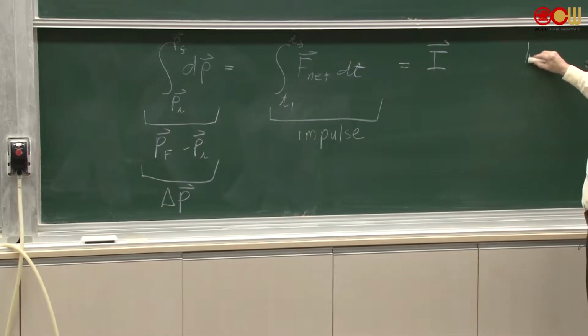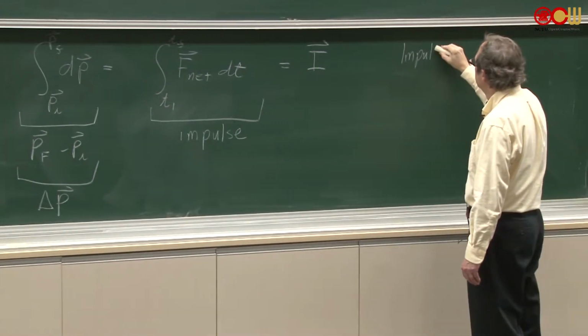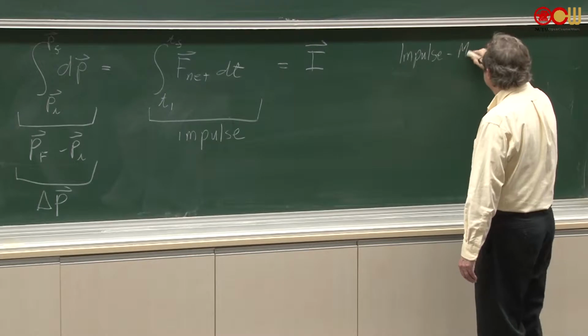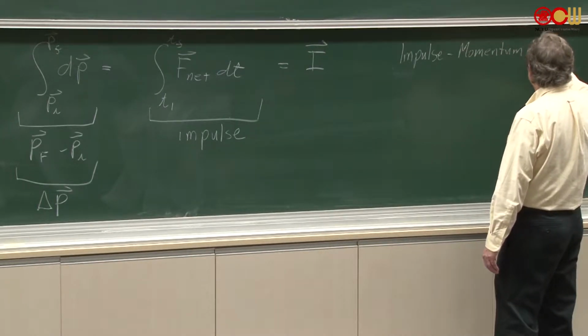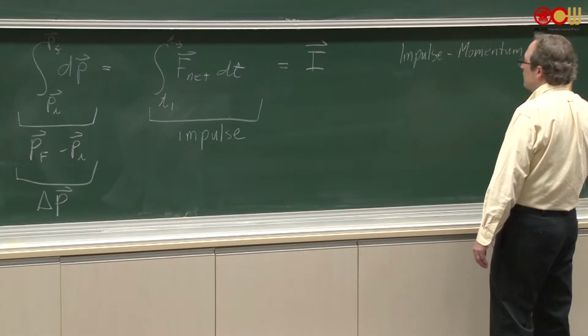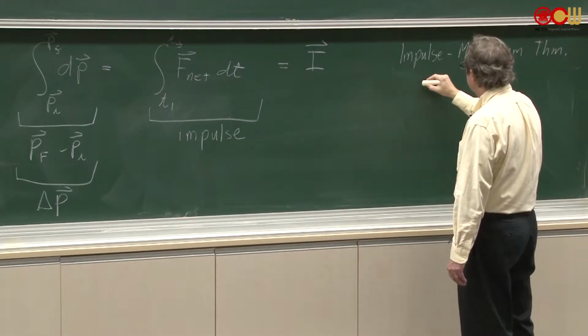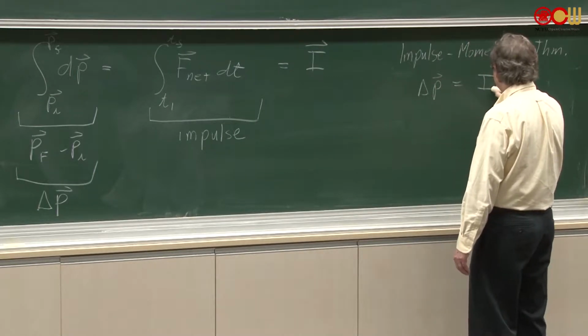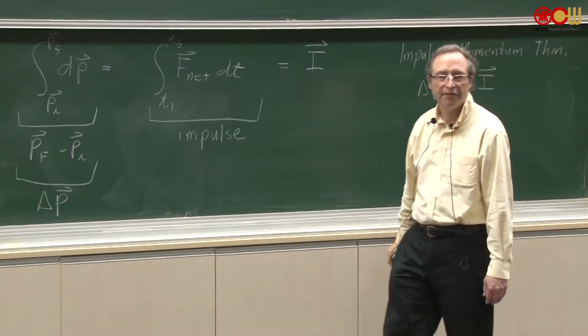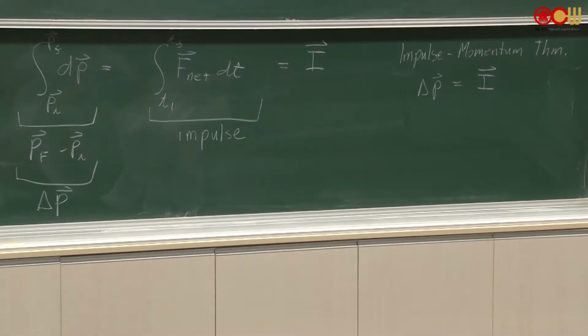So the impulse momentum theorem just says delta p equals I. It's a vector equation.